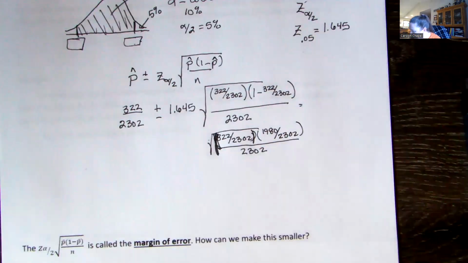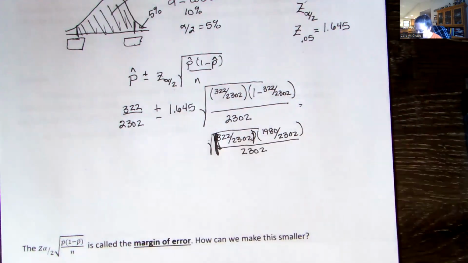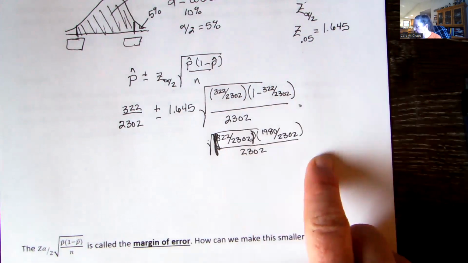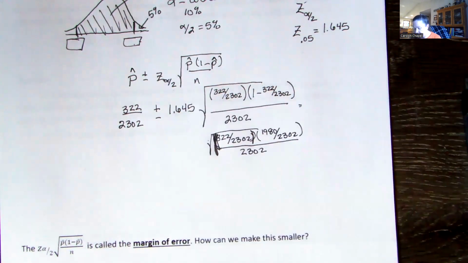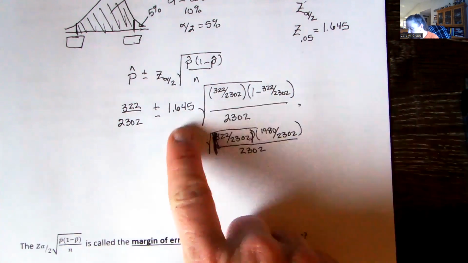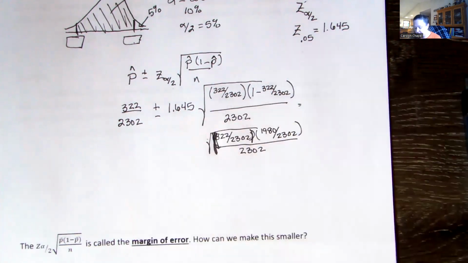So I'm going to put a parenthesis, this 322 divided by 2302, clear that, close that parenthesis, multiply by another one, this 1980 divided by the 2302. And then I'm going to divide that by the 2302, close the parenthesis for the big thing here, and I'm going to get that number, and I have like a 0.007 or so. I'm going to multiply it by this 1.645.